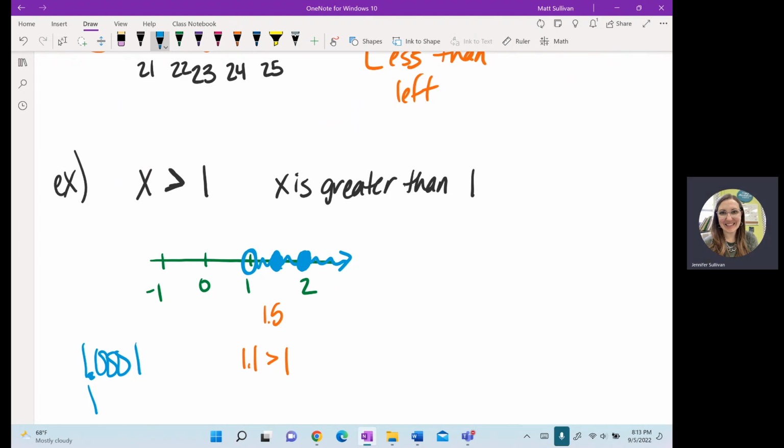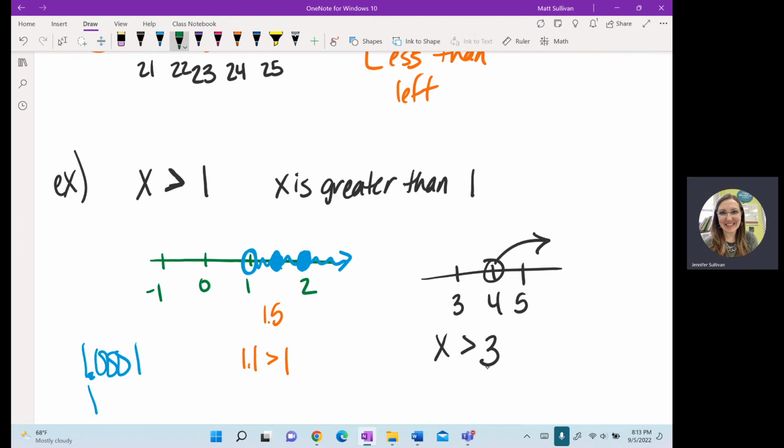The mistake that most people make on these is that if they see something like x is greater than 3, usually they'll say, okay, well, 3, 4, 5, and then they start like this and shade to the right. Or sometimes I see the open circle here and shade to the right.